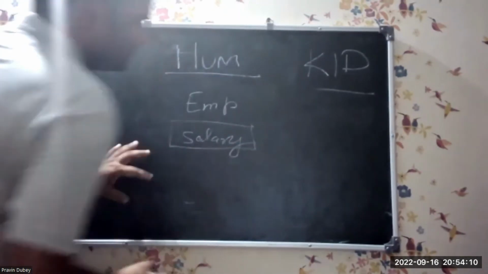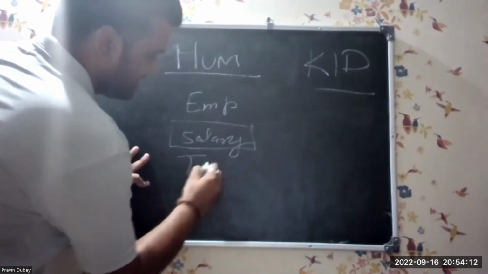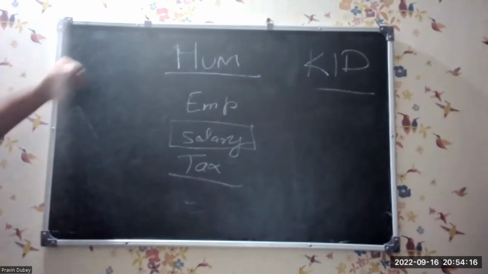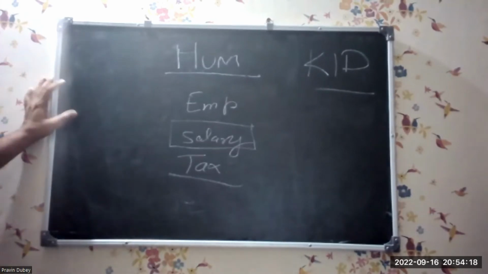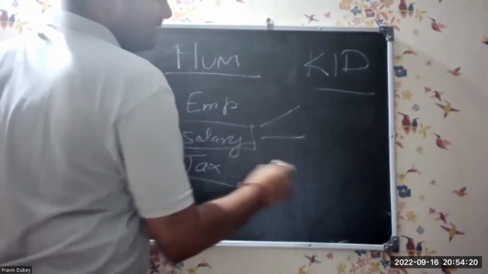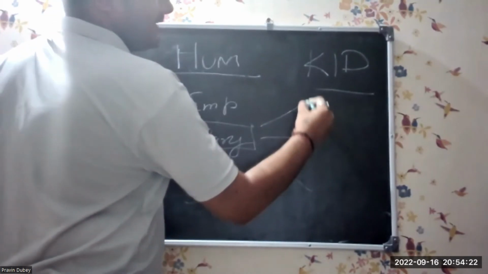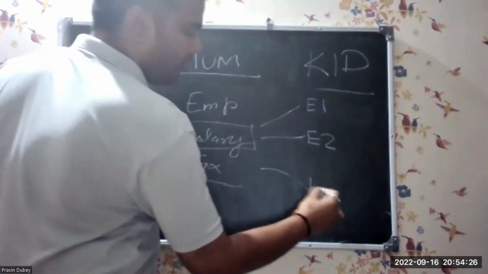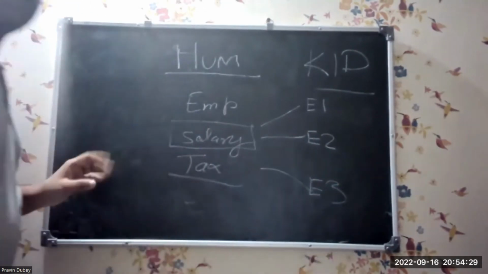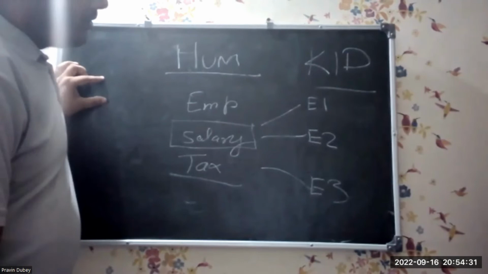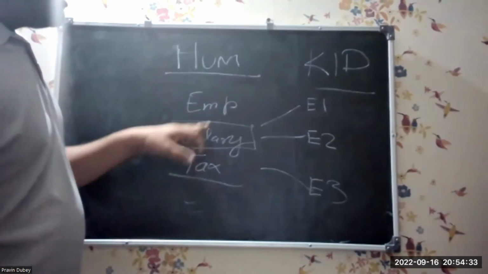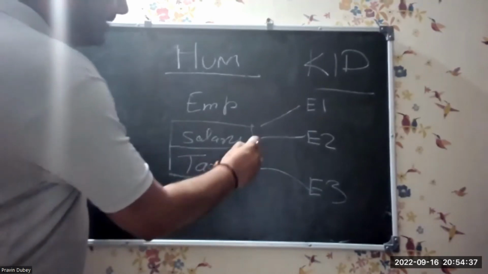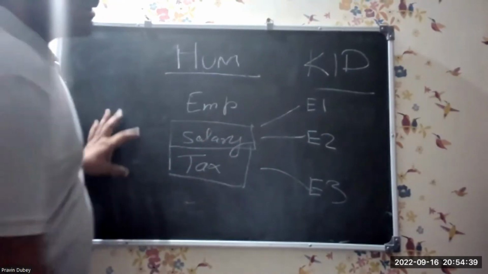Now, since it's salary, there would be a tax also. Let's say I have three objects: employee 1, employee 2, employee 3. When I say every object has its own copy of variables, now I have two variables, salary and tax.